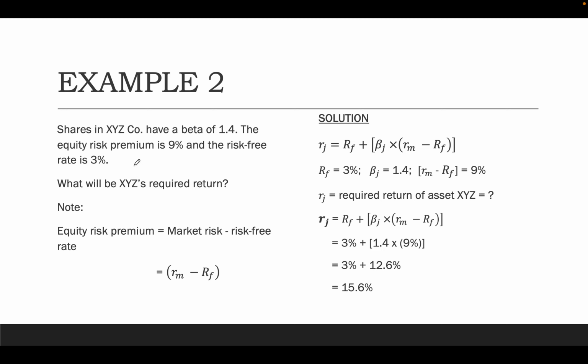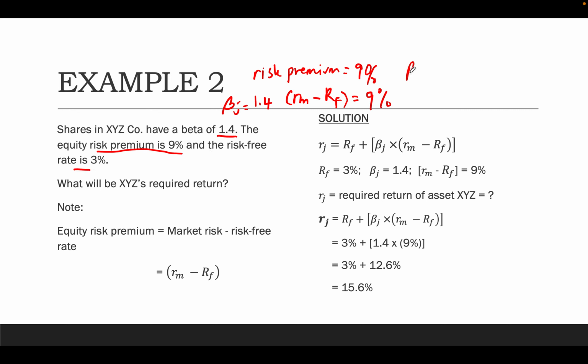For example 2, shares in XYZ company have a beta of 1.4, beta J is 1.4. The equity risk premium is 9%, whereby the risk premium is RM minus RF equal to 9%. And the risk-free rate is 3%, RF is 3%.